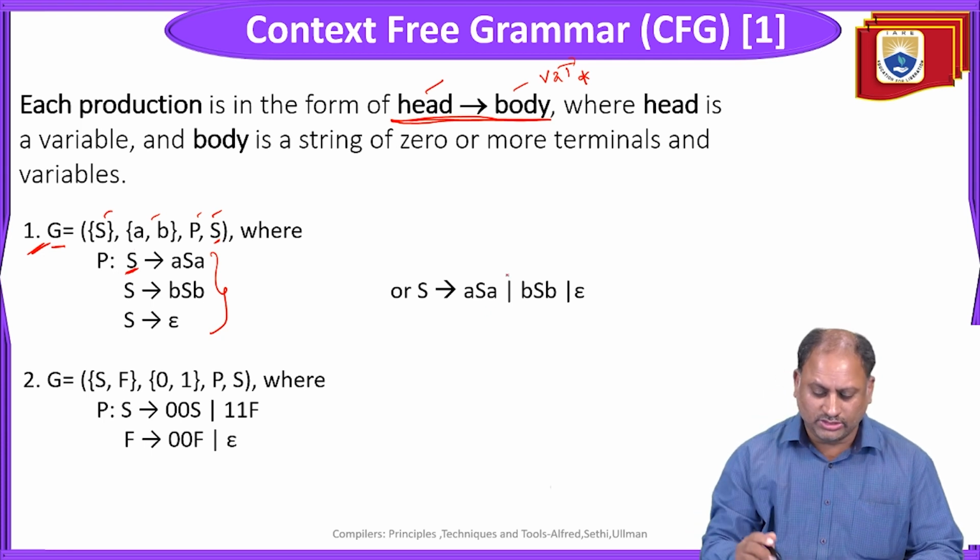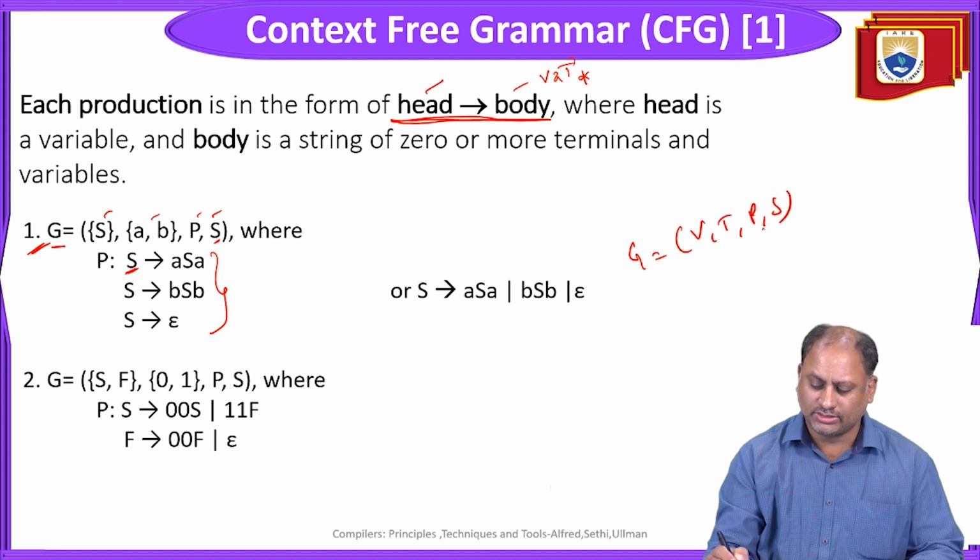So here we write G equal to V comma T comma P comma S. The variable represents the non-terminals defined in this production, capital S. The terminals are defined as small a and small b, written as one set.